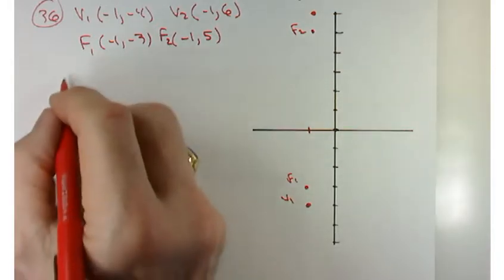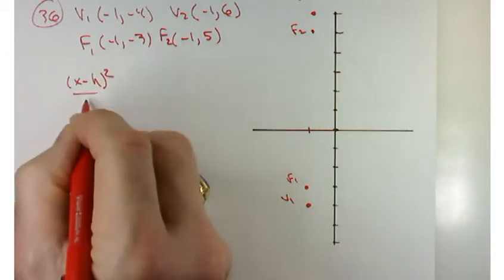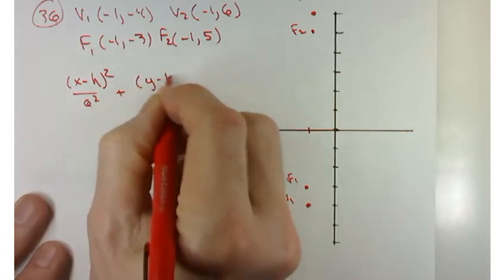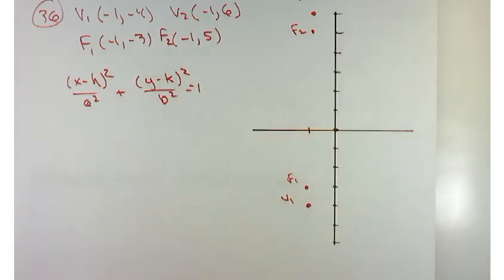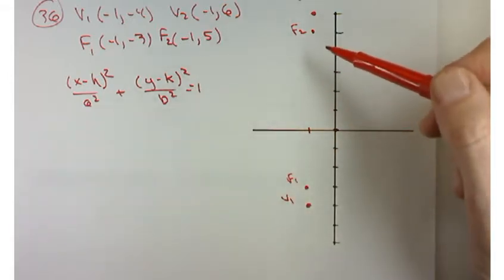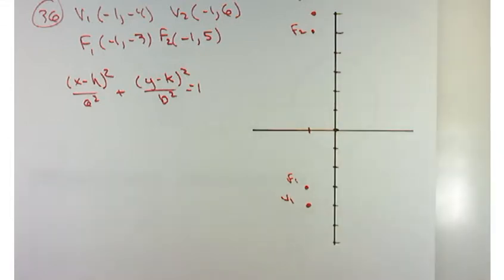I want to come up with the equation of an ellipse, and in general, it has to look like this. Well, a good place to start would be, what's the center of this? What's h and k?